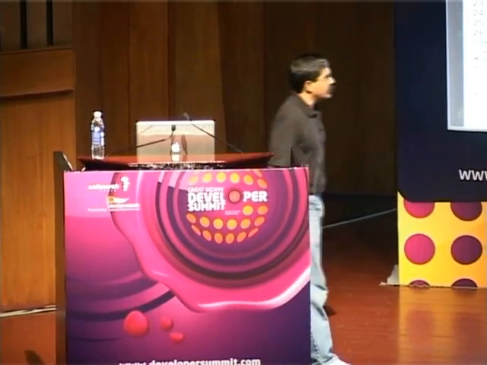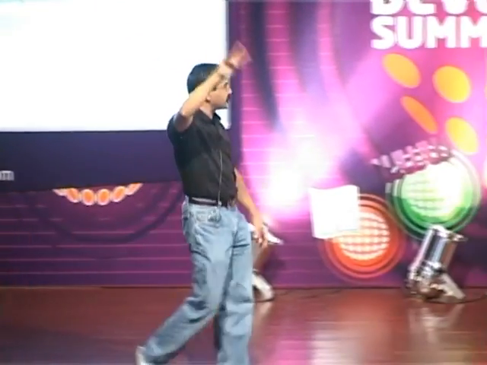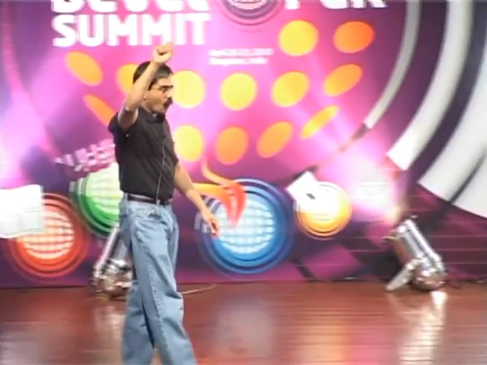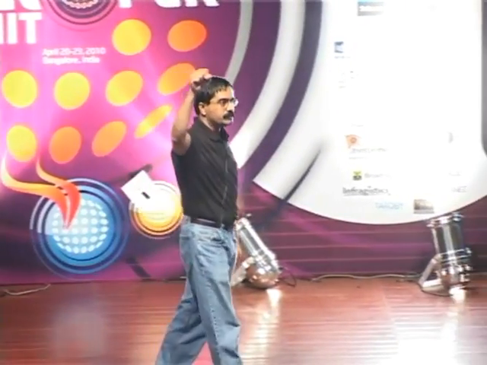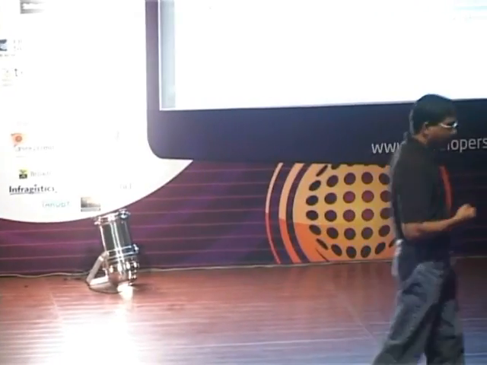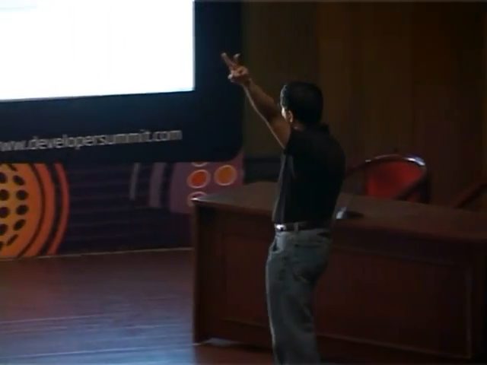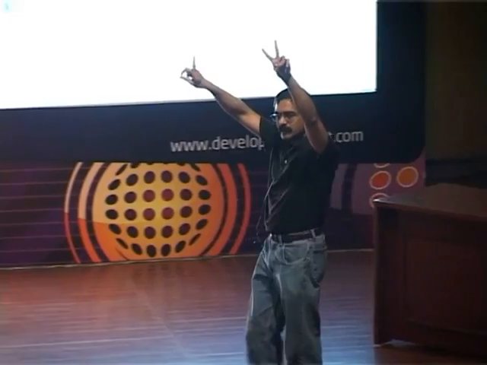Let's understand what we're trying to do here. I created two objects of MyList integer, and I created one object of MyList double. So if you ask me how many instances of MyList integer there are, the answer would be 2. If you ask me how many instances of MyList double there are, the answer will be 1.